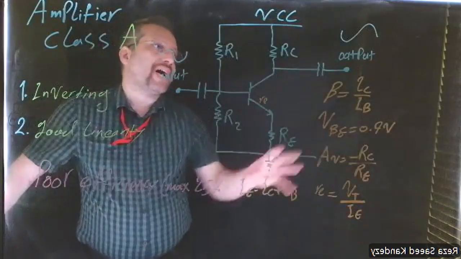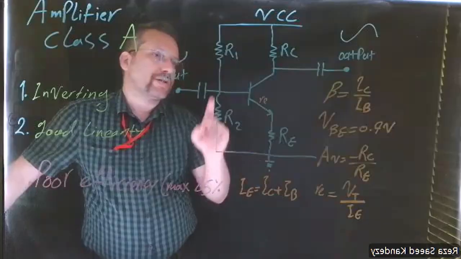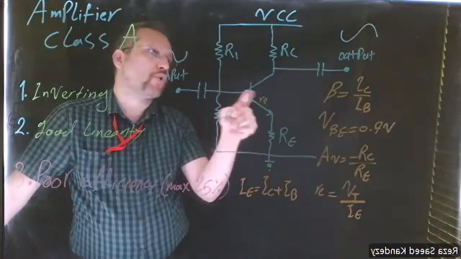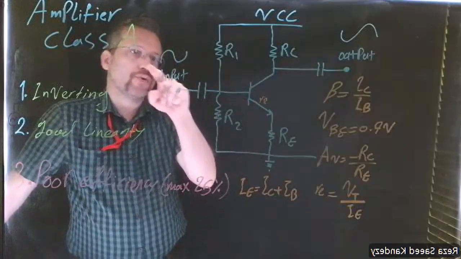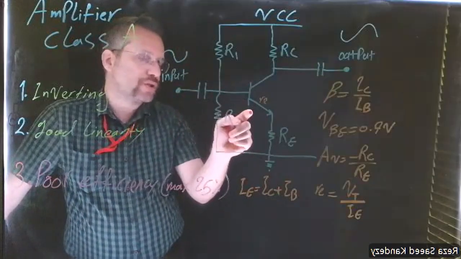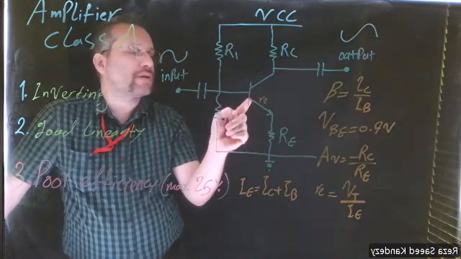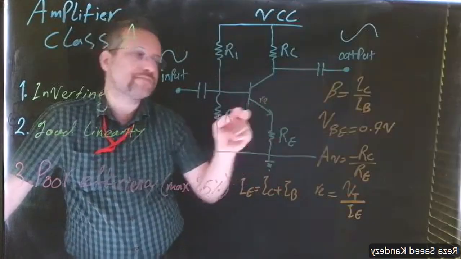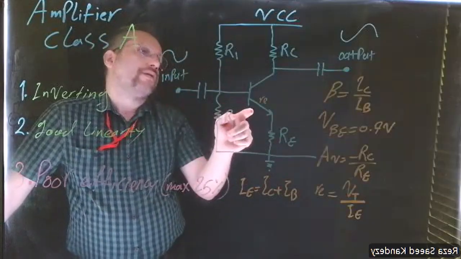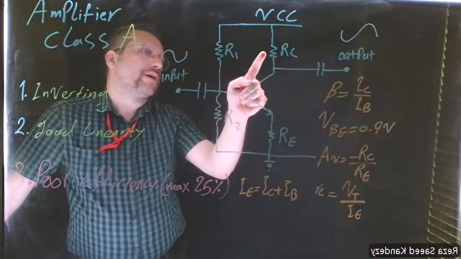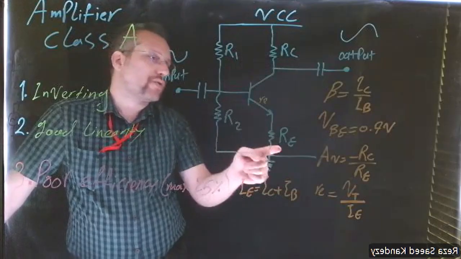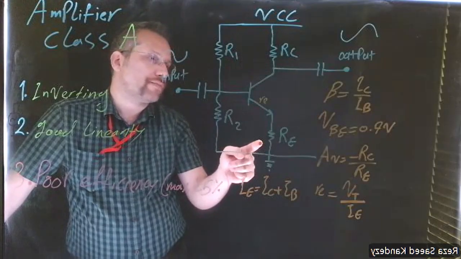Now, the schematic of the amplifier is as you can see here, we have a BJT, which works through the full cycle. So it is on through the 360 degrees of an AC cycle. We have a resistance attached to the collector and a resistance attached to the emitter.